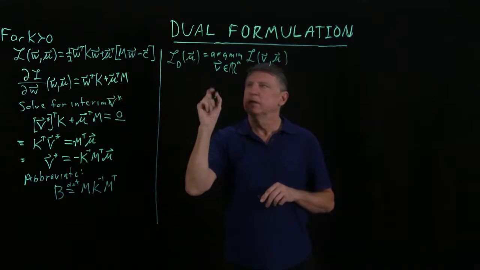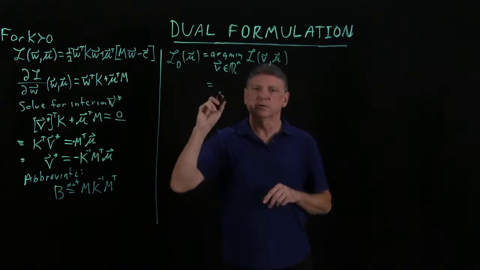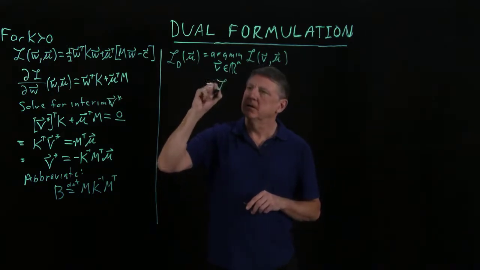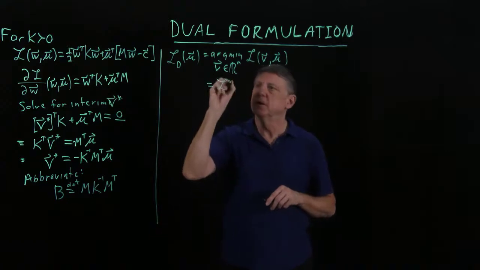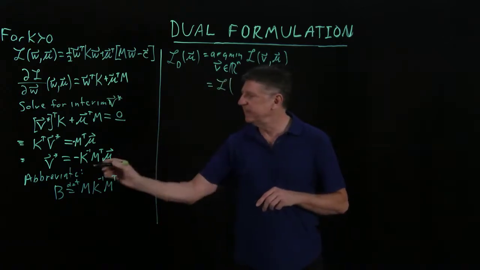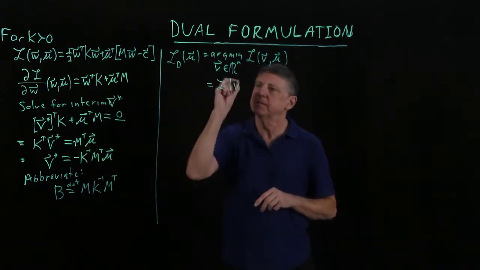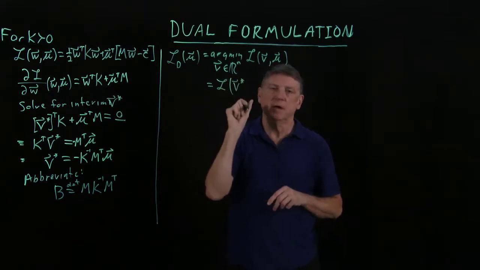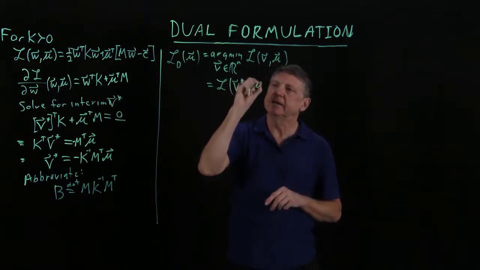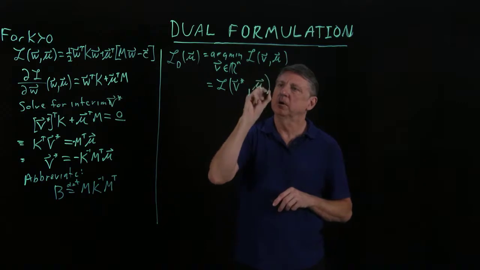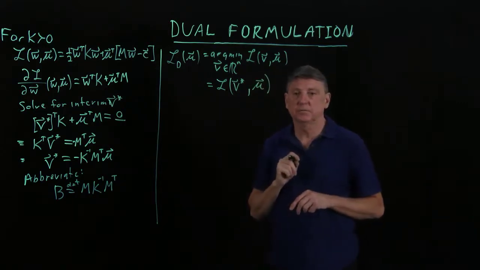And that equals the Lagrange function, where now we take this solution, that V star, we insert that, and our multipliers are still unknown.